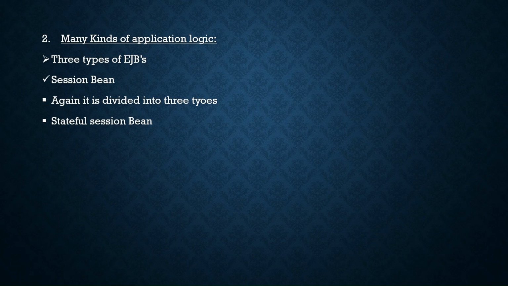It will store the user information from the application. Stateless session bean. It contains a pool of instances. It does not store the user information. Singleton session bean. Throughout the application, it creates only one instance and all users must use that instance.